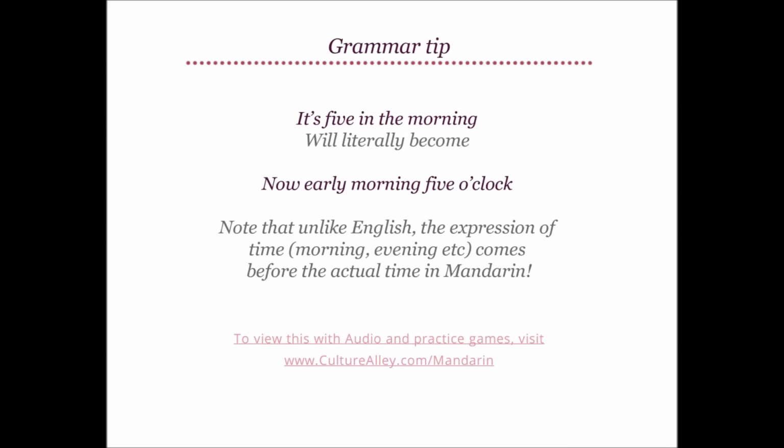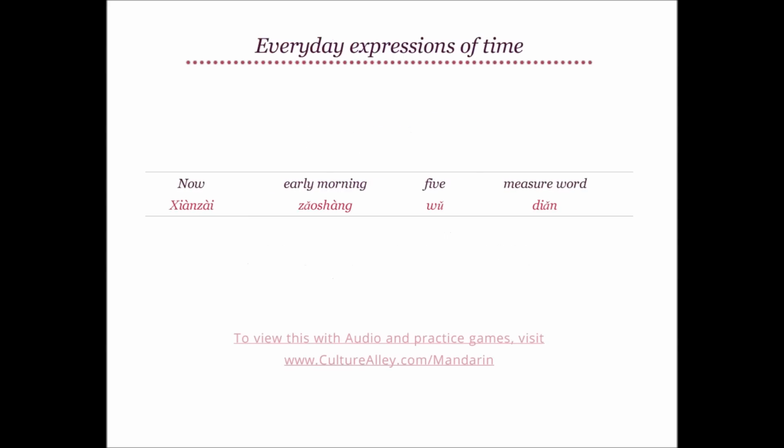Great! Now let's try and use it in a sentence. It's 5 in the morning will literally become now early morning 5 o'clock. Note that, unlike English, the expression of time, morning, evening, etc., comes before the actual time in Mandarin. Let's see how we can translate it's 5 in the morning in Mandarin by breaking it up. Now becomes 现在.